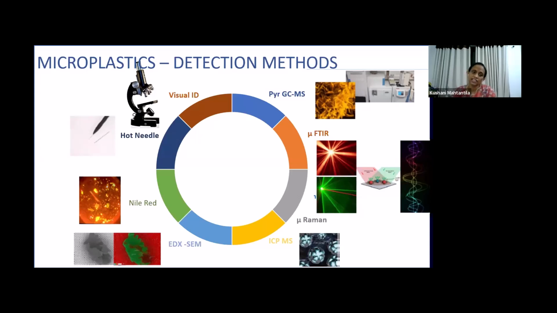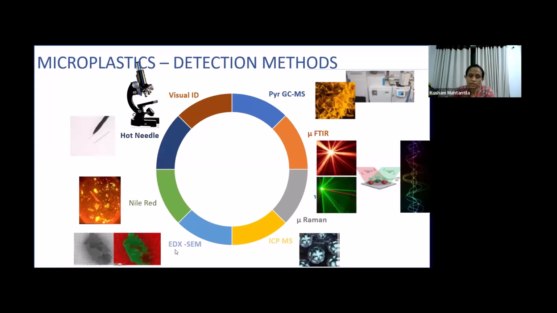That is how they identify the plastic. But with time the detection methods have developed very fast, and there are so many sophisticated methods available now. This is the Nile red method, and as I mentioned earlier, the fluorescent particles here are microplastics.